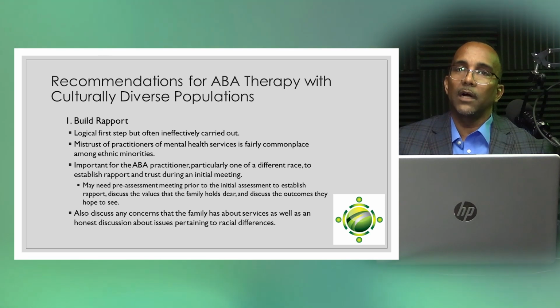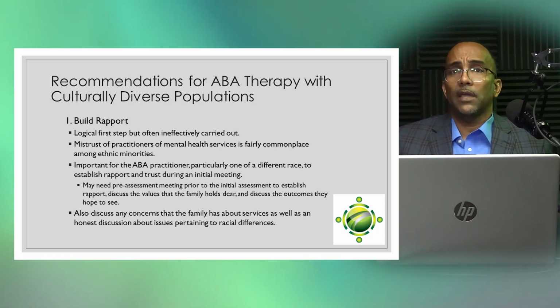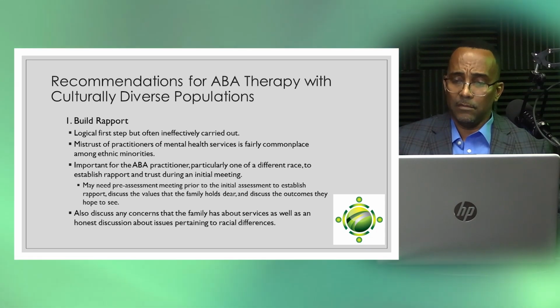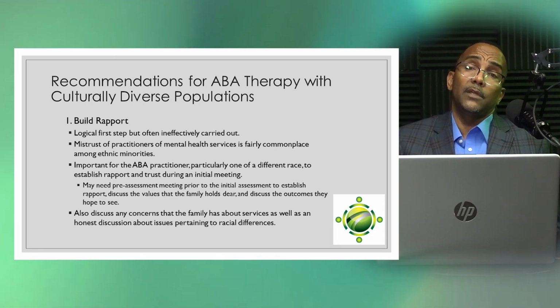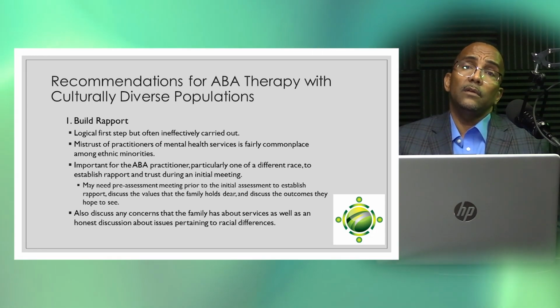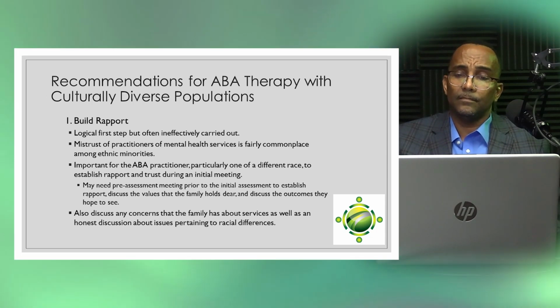It may be a little uncomfortable discussion, but there are ways of leading into that and making sure everybody's okay with each other and that it's not an issue from the outset. Even if it is an issue, how can we work around it at the outset?